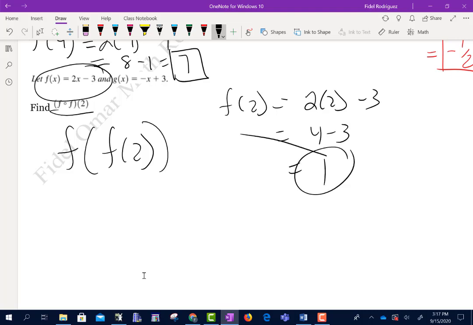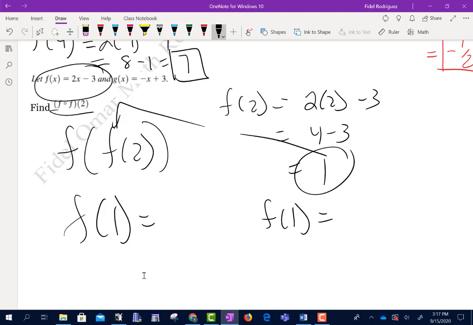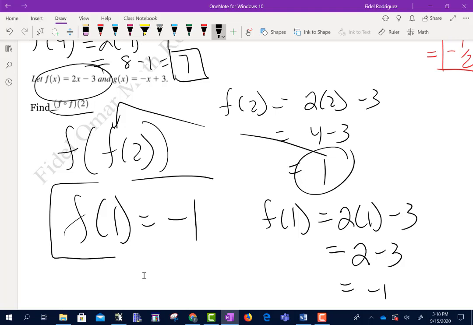Now that I found that 1, I'm going to plug that in here. So now I'm going to find f of 1. So again, if I'm going to find f of 1, that's 2 times 1 minus 3, which is 2 minus 3, that is negative 1, right? And there is my answer.